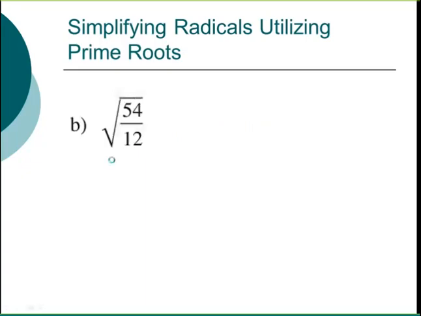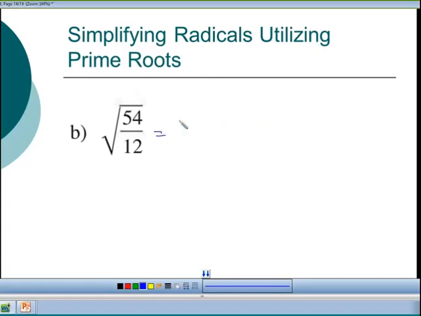So we can do this with division also and rewrite it to be the square root of 54 over 12, which we can actually reduce to be 2 times 27 over 2 times 6.